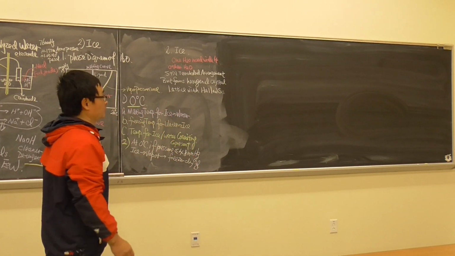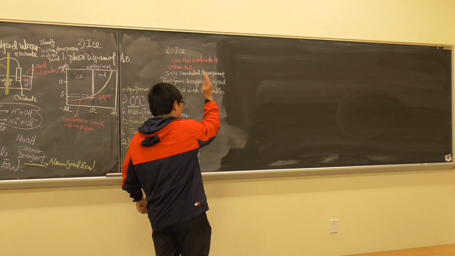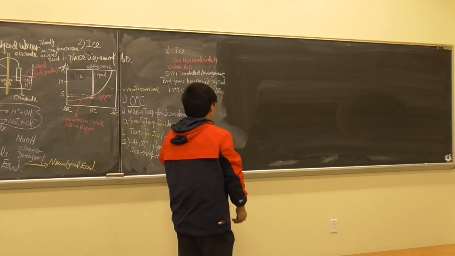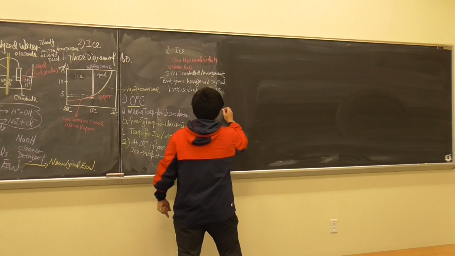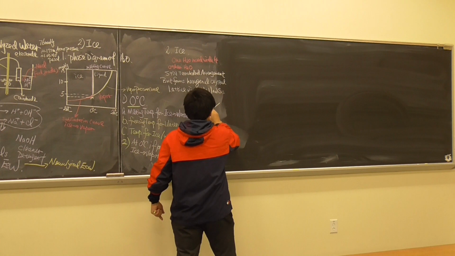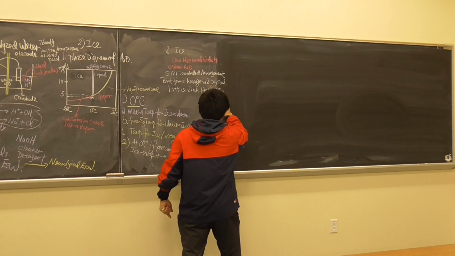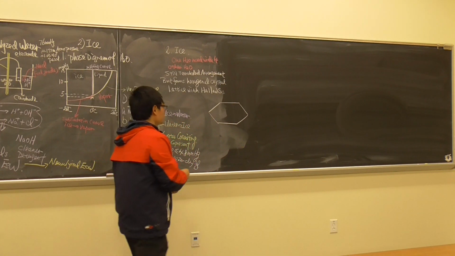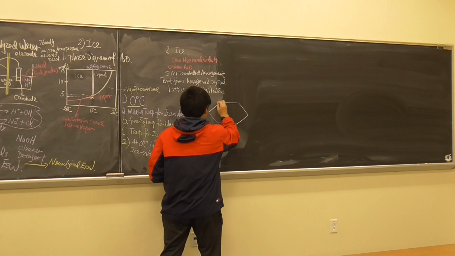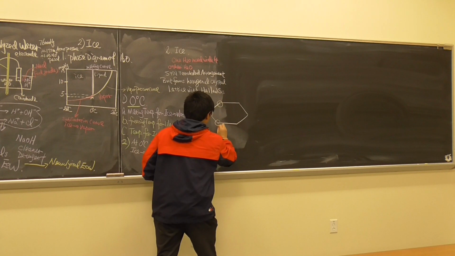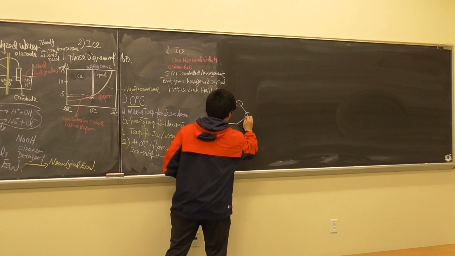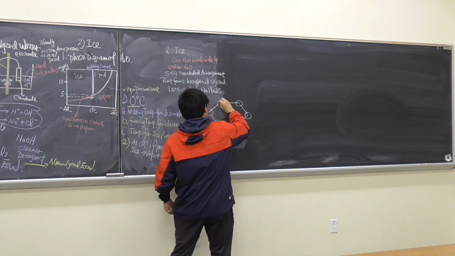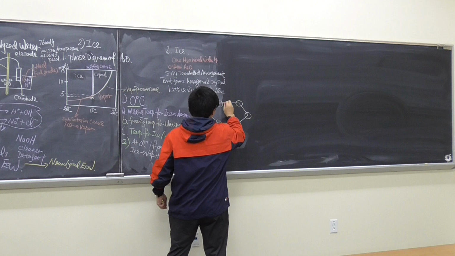Now, what does it look like? If we cut ice perpendicularly or horizontally, it will look like a hexagonal structure. In the center is the oxygen, and it's coupled with hydrogen.